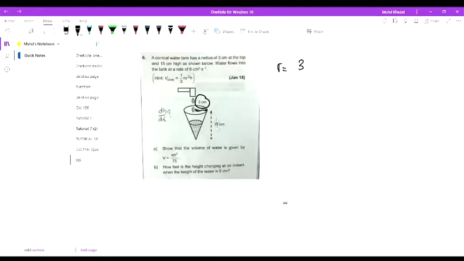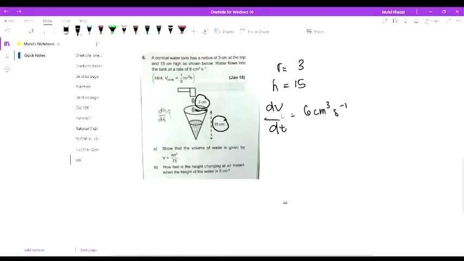Then we have the height: h = 15 cm. The third piece of information is the rate of change of volume, so we have dV/dt = 6 cm³ per second.